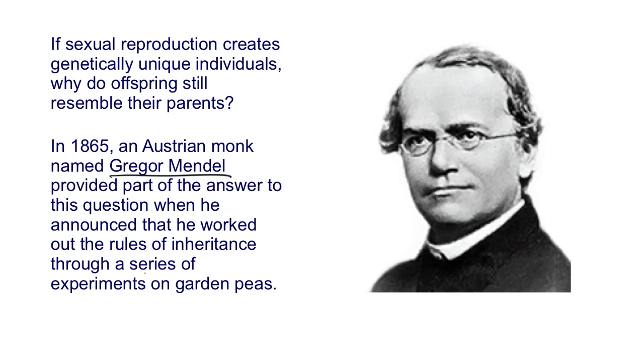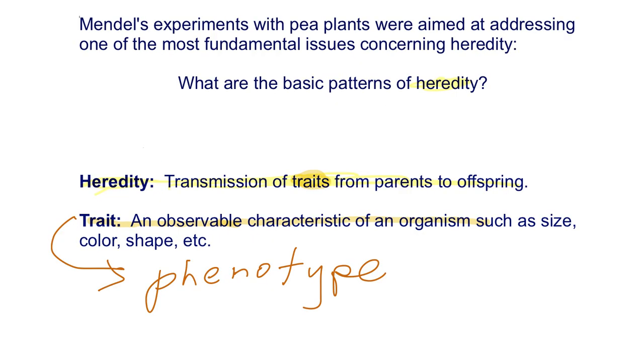He figured out with experiments some of the rules of inheritance. His test subject was the garden pea. Now, Mendel knew nothing about meiosis. Microscopes were just being developed at that time, so he didn't know anything about DNA or chromosomes during meiosis.